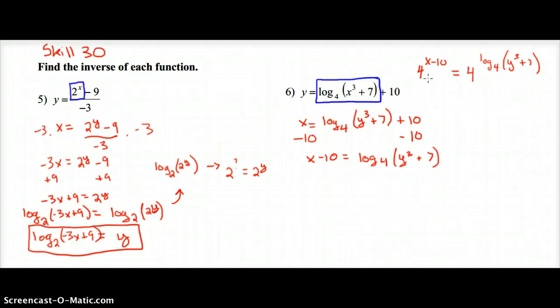I would do that because 4 to the log base 4 of y cubed plus 7 simplifies to just y cubed plus 7. That's one way we could go about doing this problem.